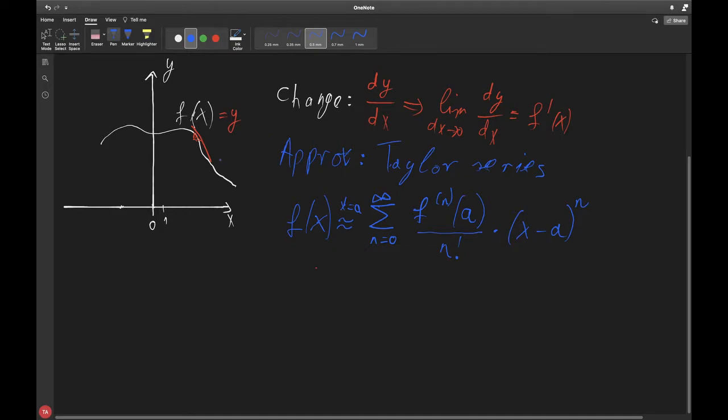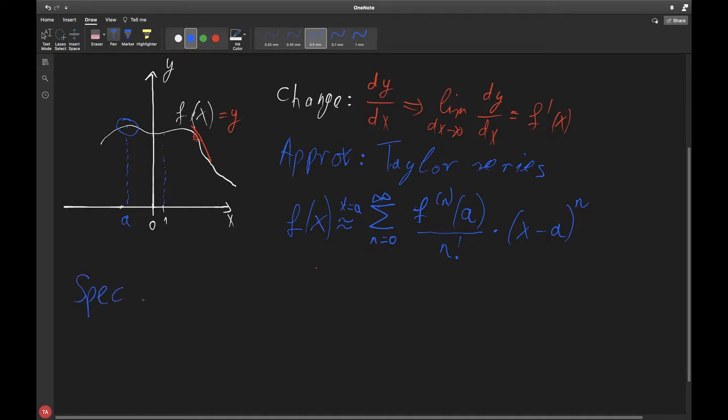So what we're doing here, we're interested in how the function looks around this point. Let's look at it at this point. That's my a. And then essentially we are zooming into this point. That's going to give us this expansion. There is a special case of this.